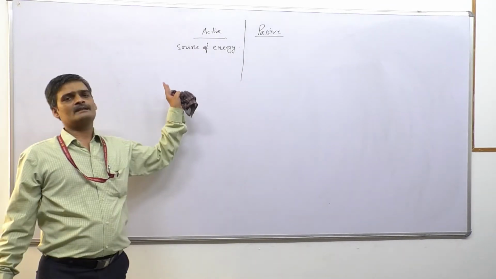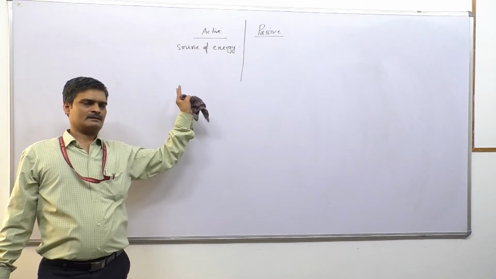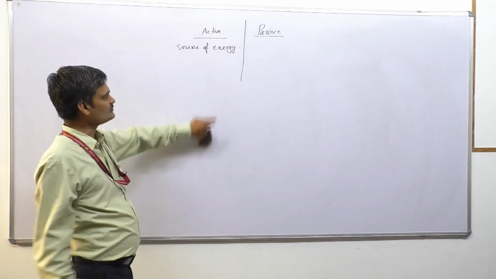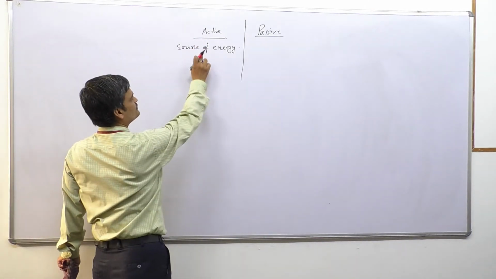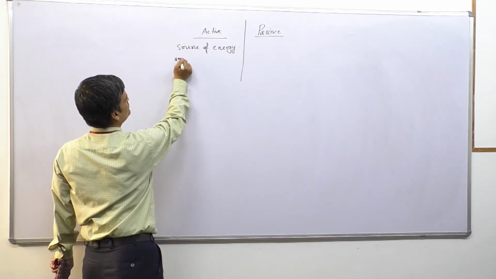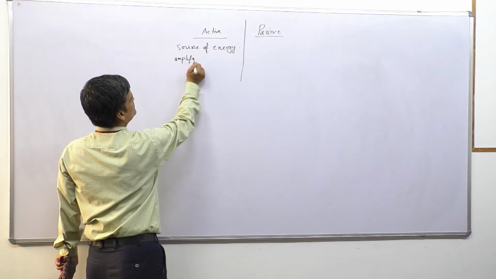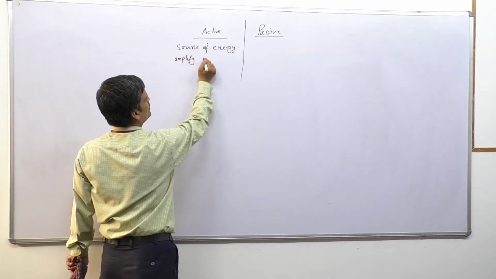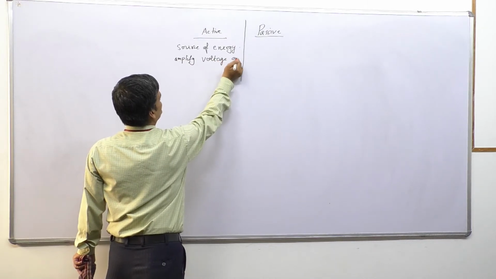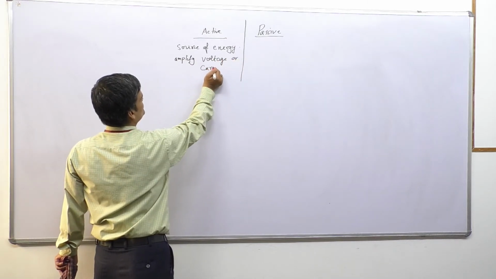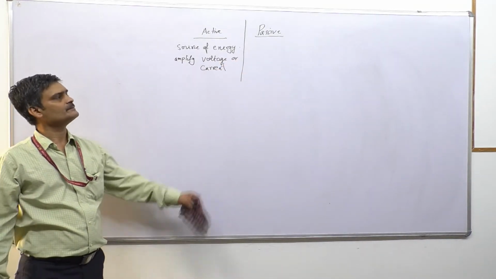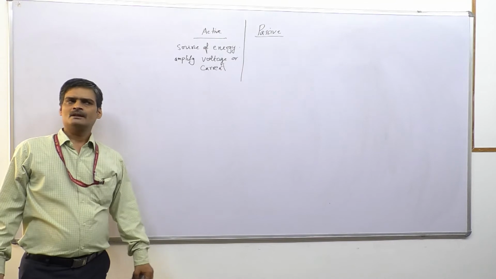All these come under the category of active elements. Also, the elements which amplify the level of voltage or current are said to be under the category of active elements.